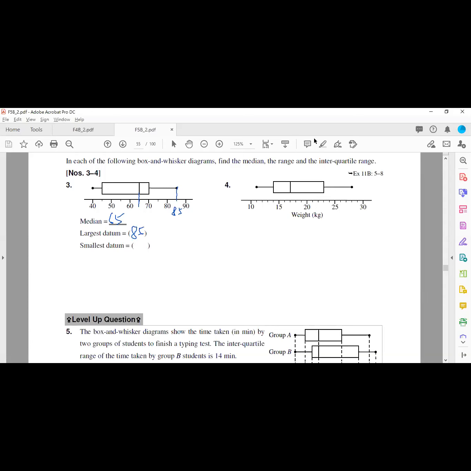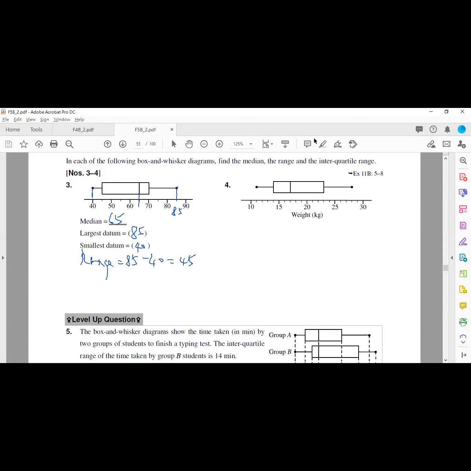The smallest datum is this point, at the end of the left tail, which should be 40. And then the range is equal to 85 minus 40, which is equal to 45.